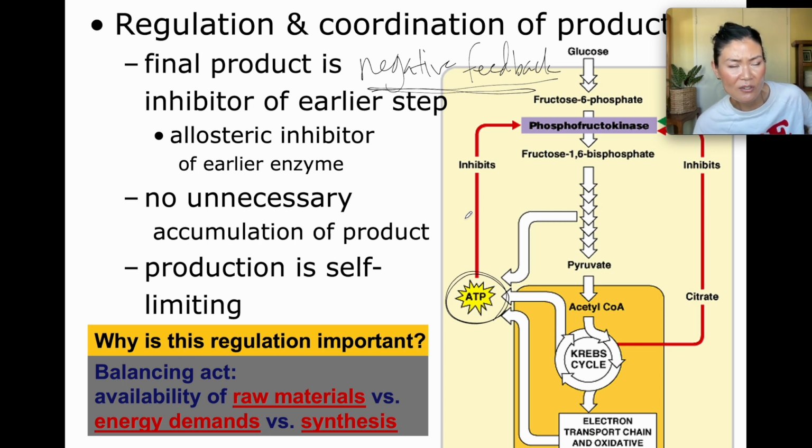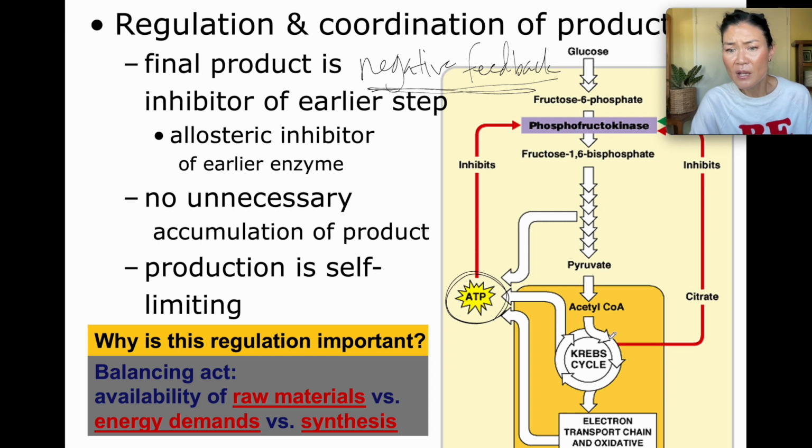Because if it's not necessary, you're just going to accumulate the product. So the product itself is going to act as an allosteric inhibitor. So it's really a balancing act of availability of the raw materials versus energy demands versus synthesis. So you don't want to make too much of something. And so ATP is an allosteric inhibitor of this enzyme, okay?